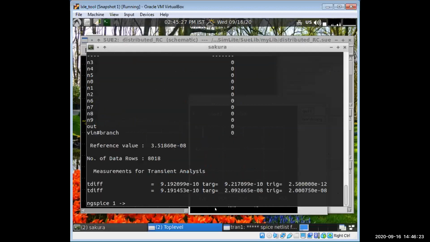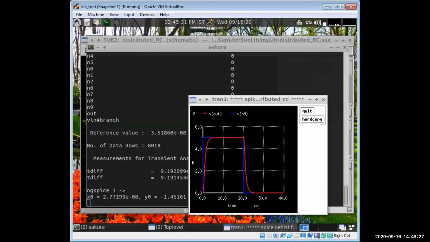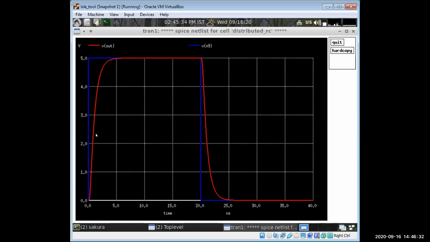So you can see there is much difference between the delays from A to B and B to A. You can also see in the graph there is a decrease in the delay of this TPLH. The difference between input and output at 50%, that means 2.5, is much less as compared to the first one from A to B.